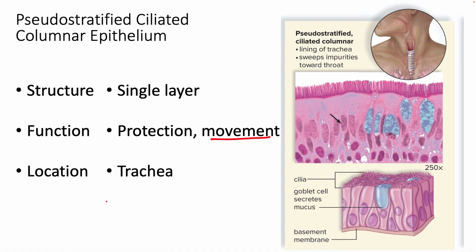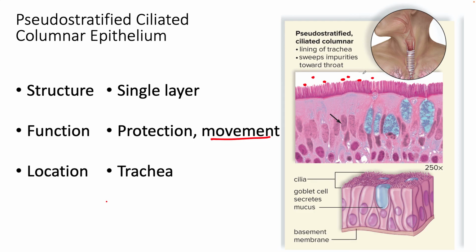And what that mucus is going to do is trap little particles of smoke or pollen or pollution or, I don't know, whatever it is you're breathing in. It's going to get trapped in the mucus that sits on this apical surface that was produced by the goblet cells.